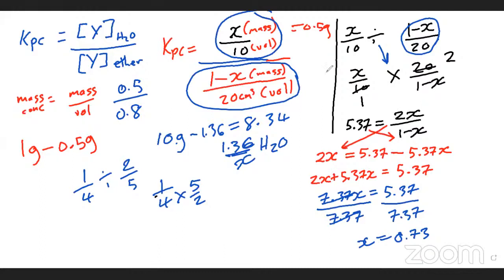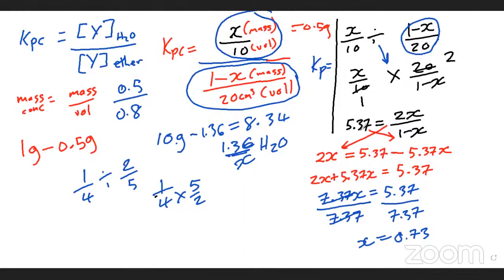All right. Just bear in mind that Kp is on this side of the equal sign. So basically I was working out the right-hand side of our equal sign. So 2x over 1 minus x, that is the right-hand side. Kp is on the left-hand side.